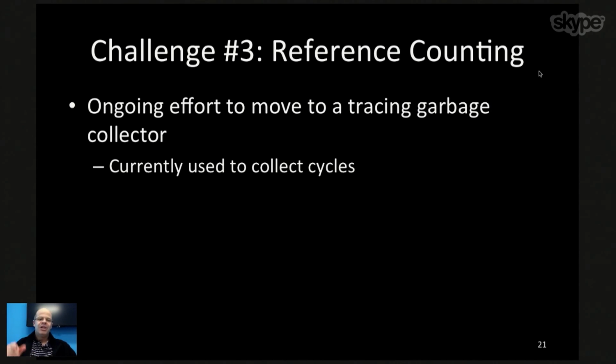Whenever you have a cycle, the count is never 0 for any of the elements involved in the cycle, so you don't free that. So we are currently able to use a tracing mechanism to identify cycles and free them. But we couldn't get rid of the overheads of the increments and decrements yet. We're trying that, and this is going to have implications at the language level. We have to change or make sure that the PHP code runs properly with a tracing GC. So this is a hard problem that we're tackling.